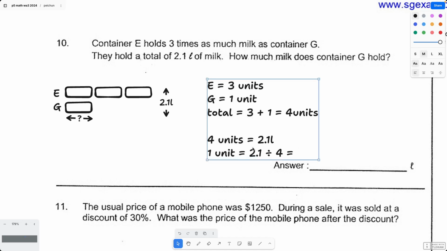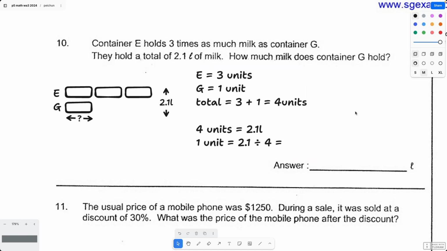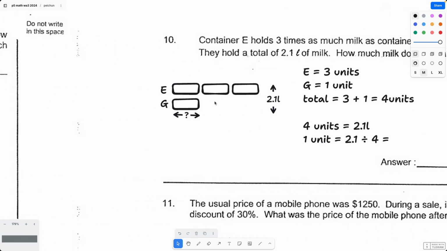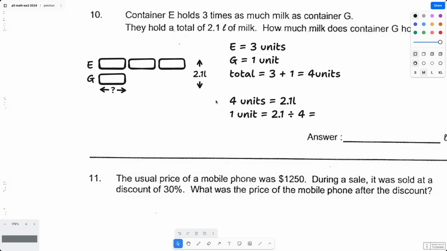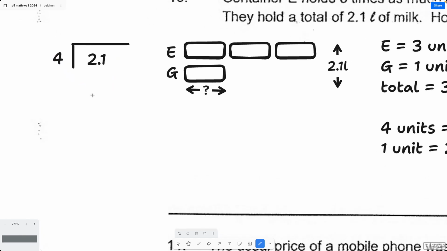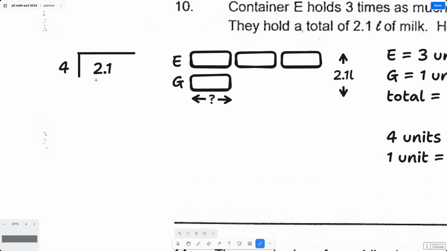To answer this, we can do our workings again. So we have our workings over here. 2.1 divided by 4. Not 21, 2.1.